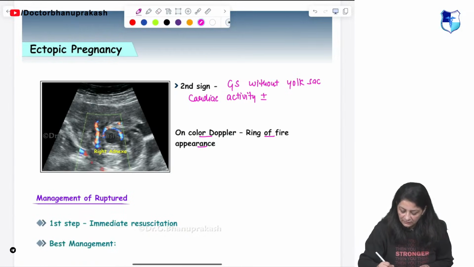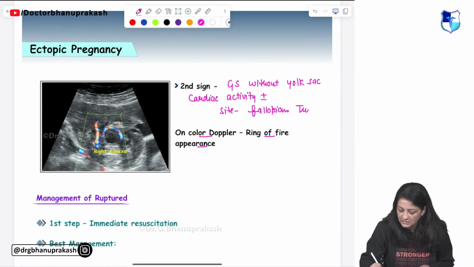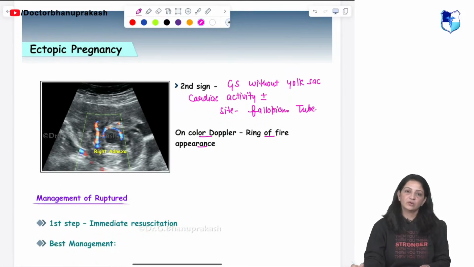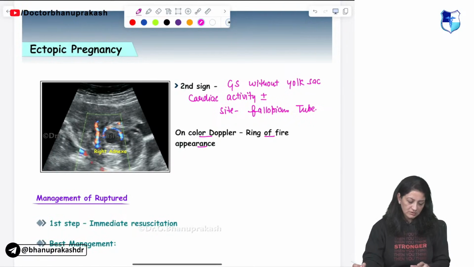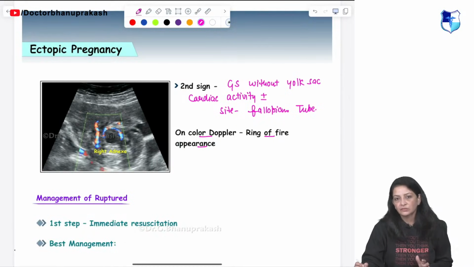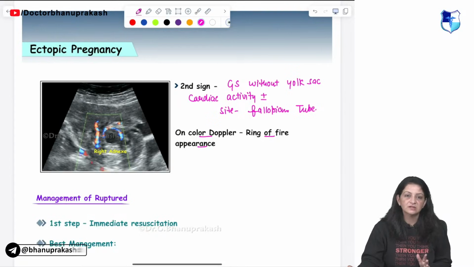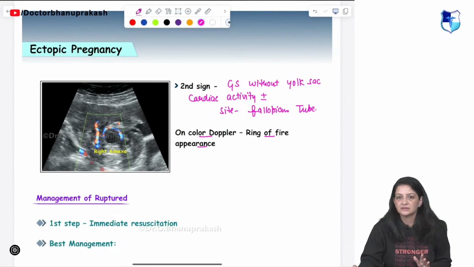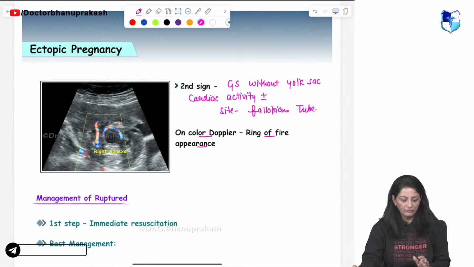And the site is fallopian tube. This is the second sign of ectopic pregnancy on ultrasound. Gestational sac without yolk sac, with cardiac activity could be present or not. Site is fallopian tube. On ultrasound Doppler, you will see the ring of fire appearance because of high vascularity.